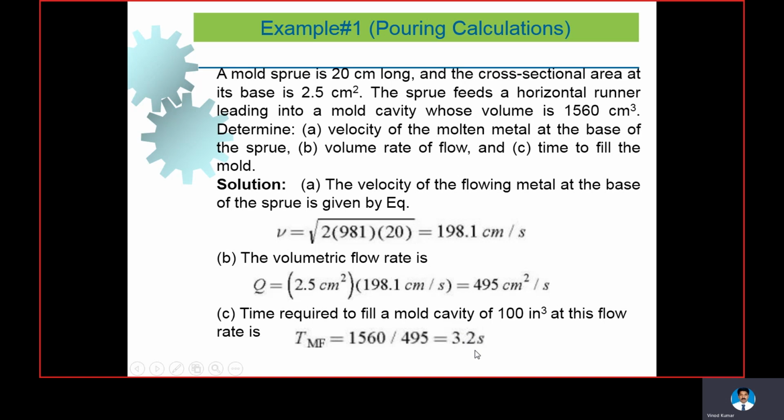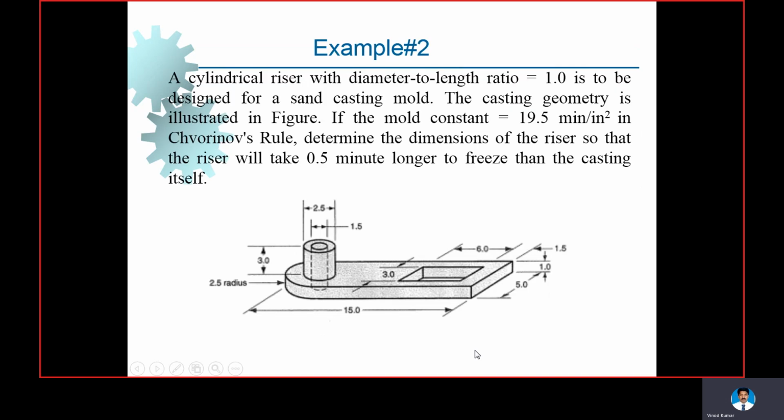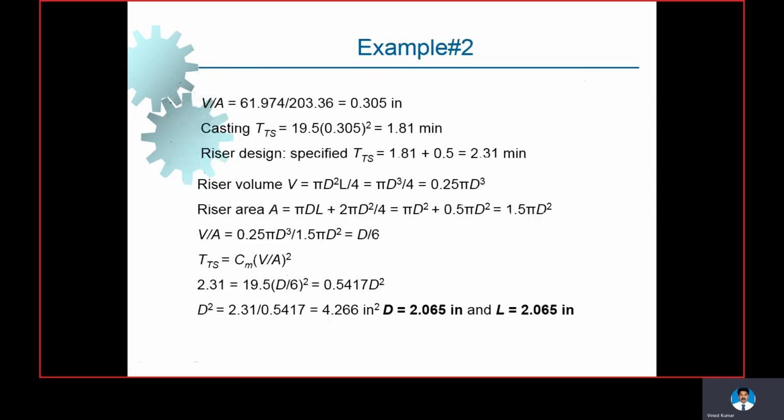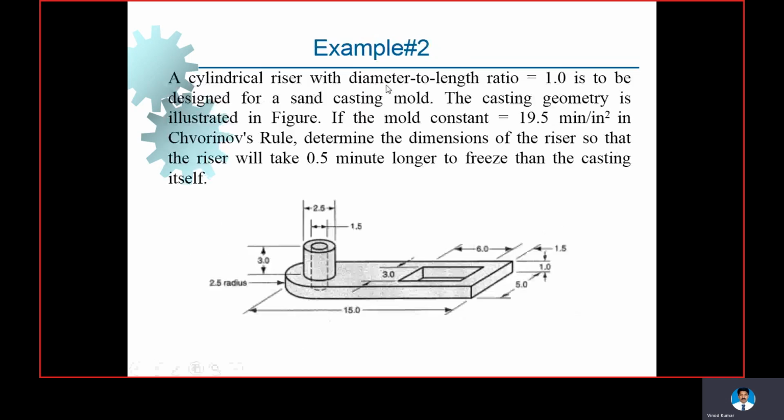Now we have example 2 here. In here we have a shape. We need to design a cylindrical riser with diameter to length ratio 1. This is a sand casting. The casting geometry is given in the figure.